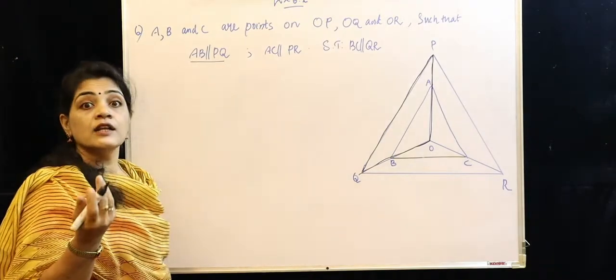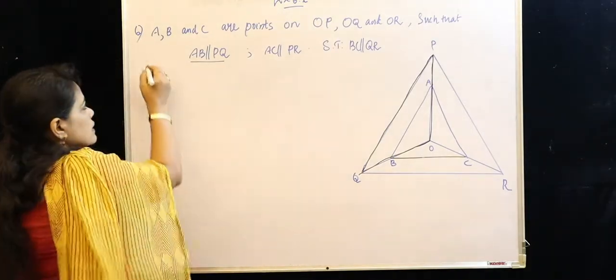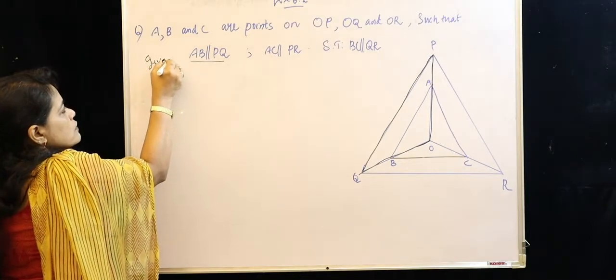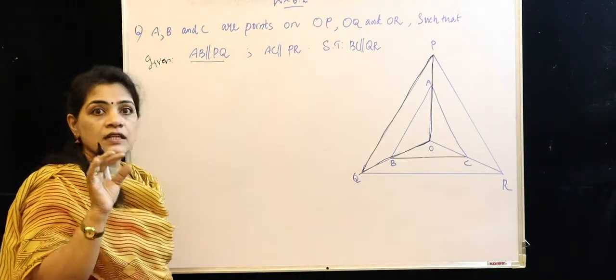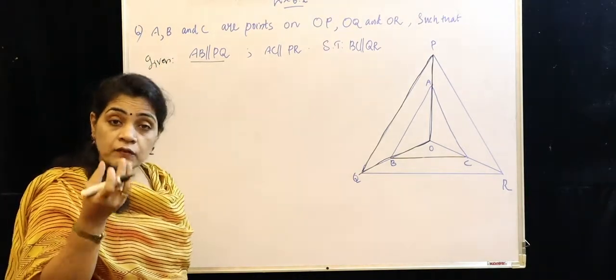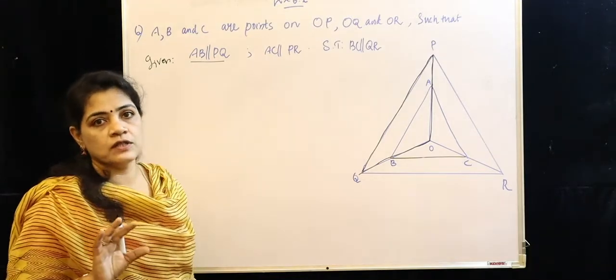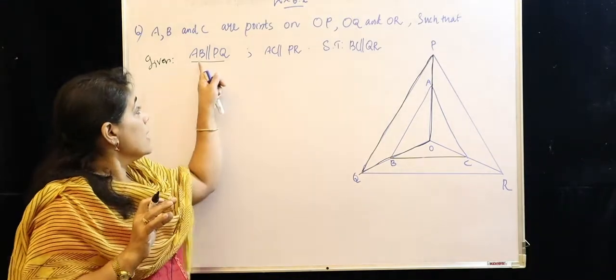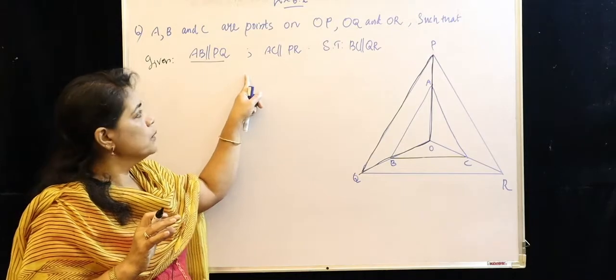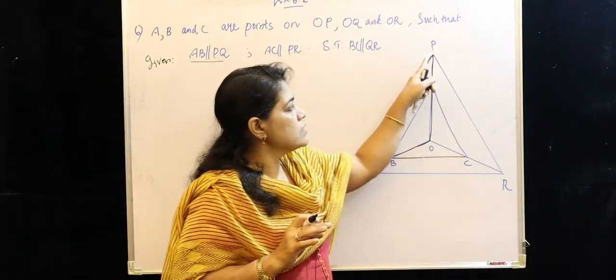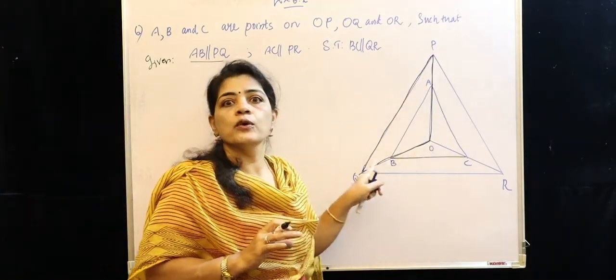In all problems you have to start in this manner: what is given, and what we need to prove, that we have to write first. Since AB parallel to PQ, we have to consider first a triangle POQ.